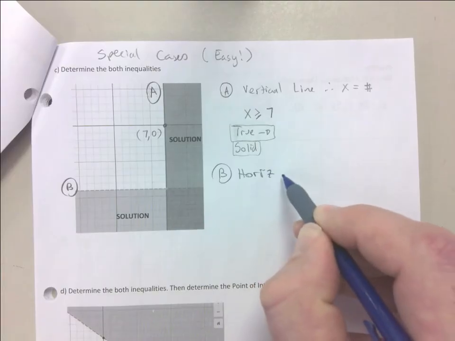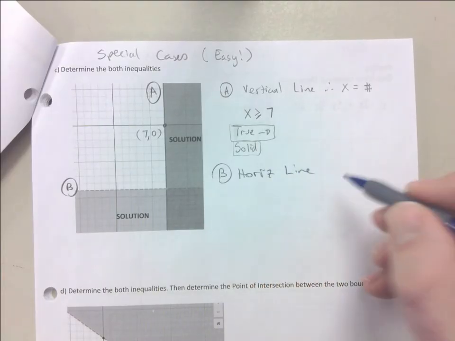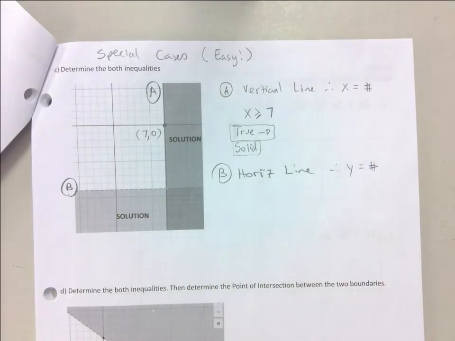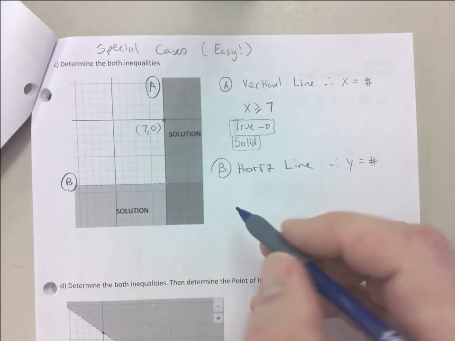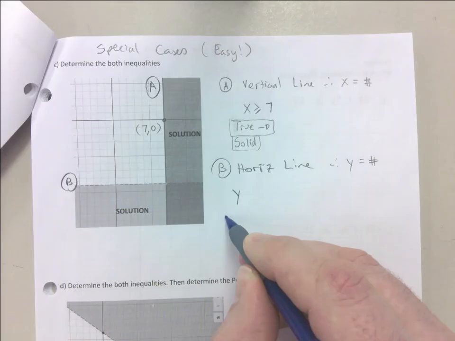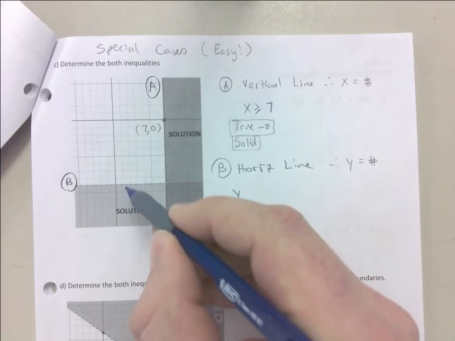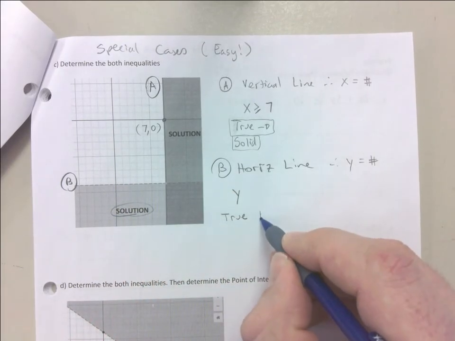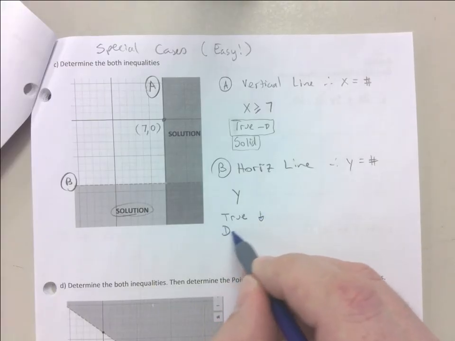For B, horizontal line, therefore y is equal to a number. And again, so it'll be y, I go dashed, or first of all, true is where? True is below the line. I know that because the solution is labeled. And it's a dashed line.